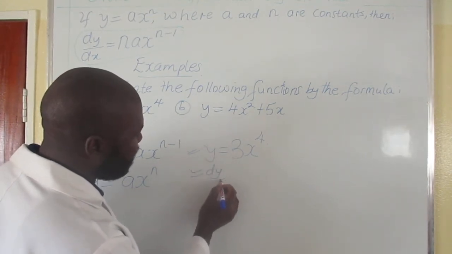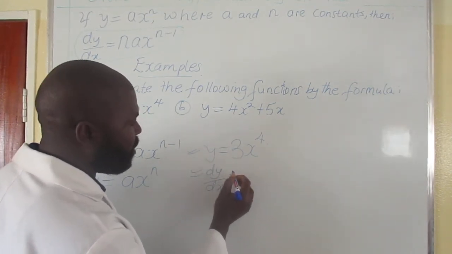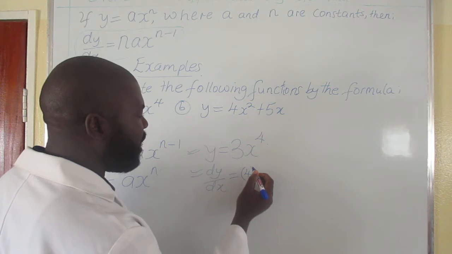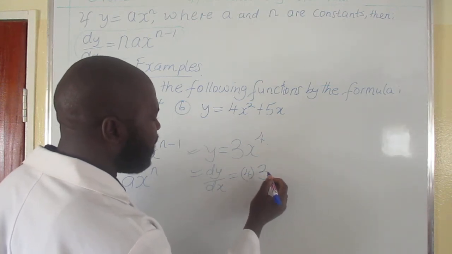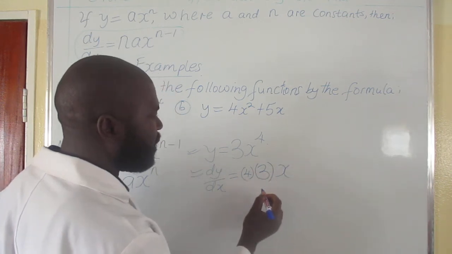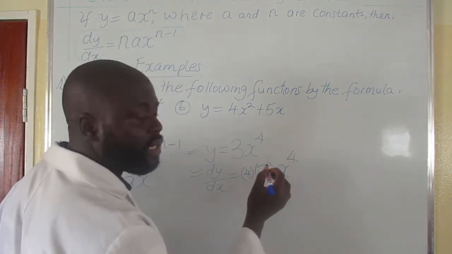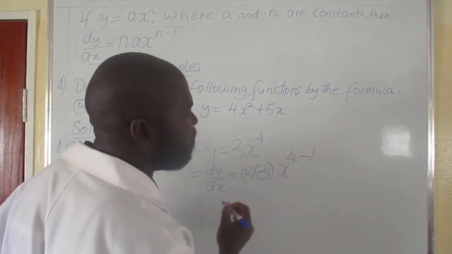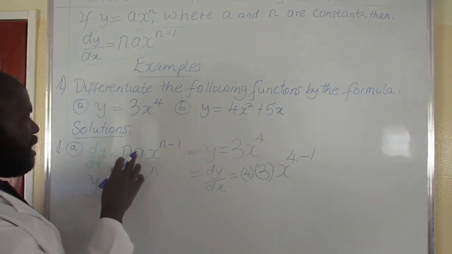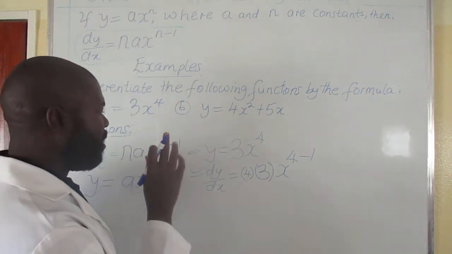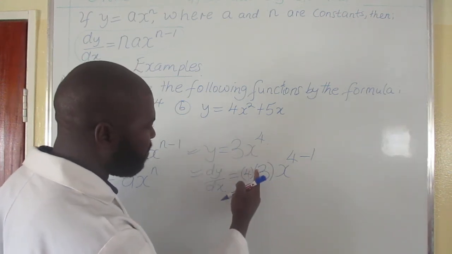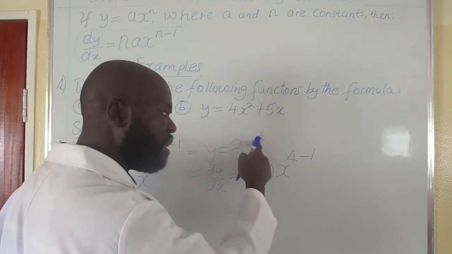We are getting dy dx. The power multiplies a, so that we have na, then the same power reduces by 1. So we have 4 times 3, then the same power reduces by 1.